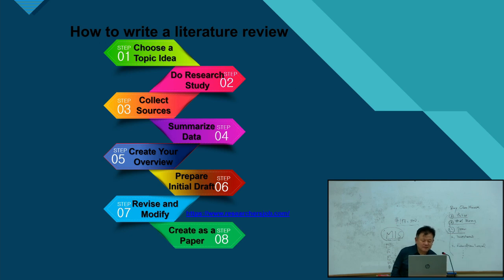And prepare the initial draft. And then revise and modify, which is editing for your research. And create it as a paper. Finalize your outcomes. This is how to write your literature review.